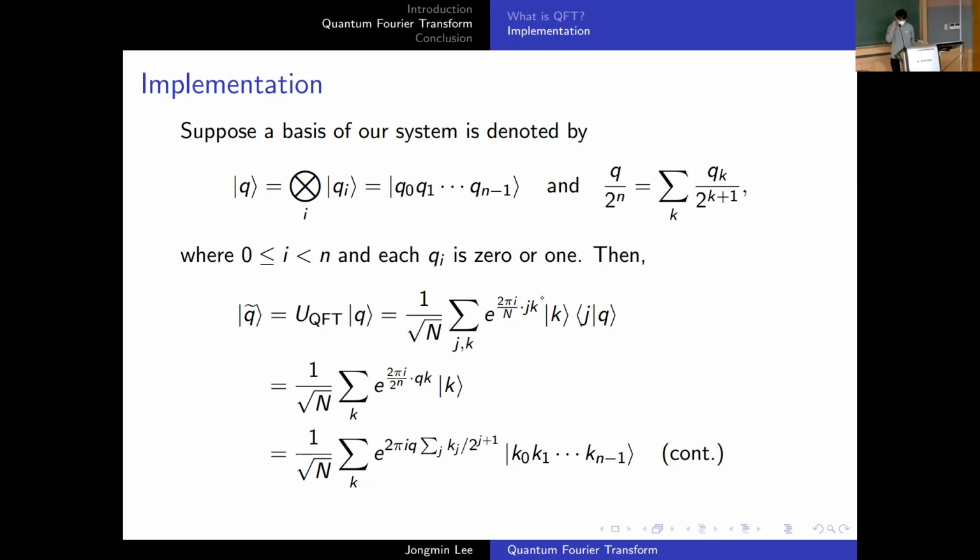I will denote them q0 to q_{n-1}, and we denote the ket q as the ket q0 q1 up to q_{n-1}, and q is the number in the formula.